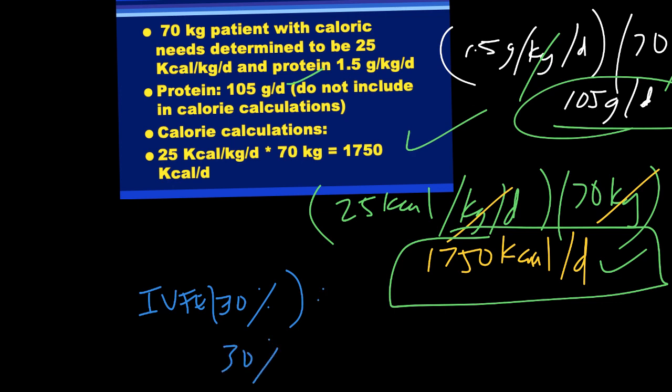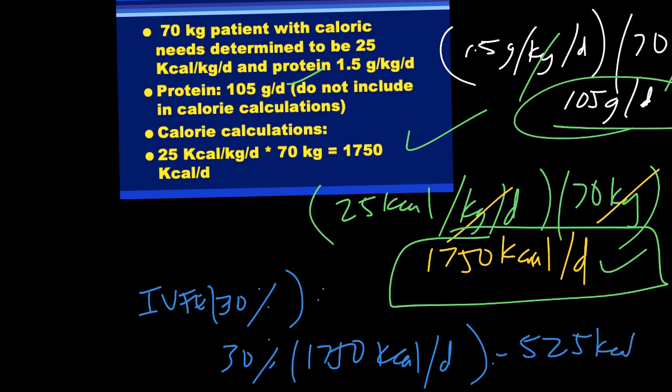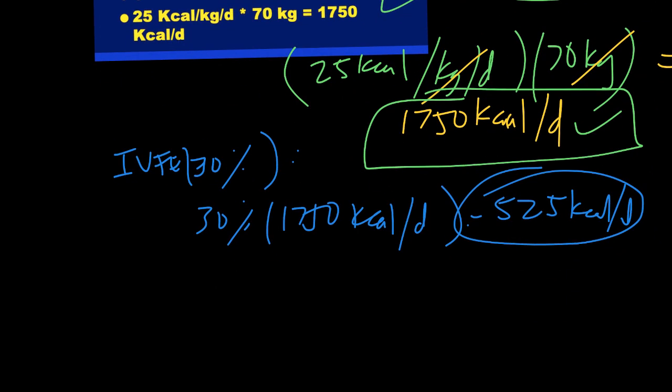So 30% of 1750 kcals per day gives you 525 kcals per day. So lipids should be 525 kcals per day. How much should the dextrose be? Dextrose should be 70% of 1750.